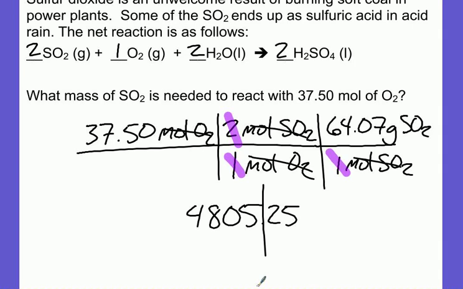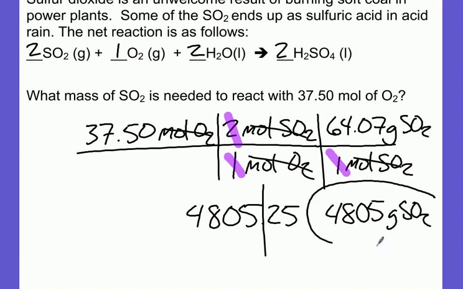So it's going to be 4,805. So 4,805 grams of sulfur dioxide, which is pretty big. That'd be like about 5 kilograms. Should be like 2.5 pounds. So sizable amount of that sulfur dioxide in this reaction.